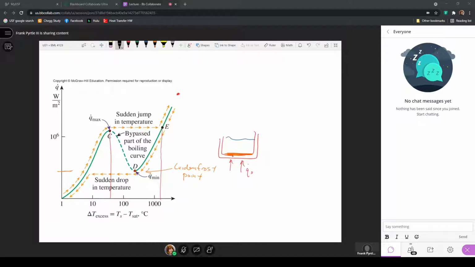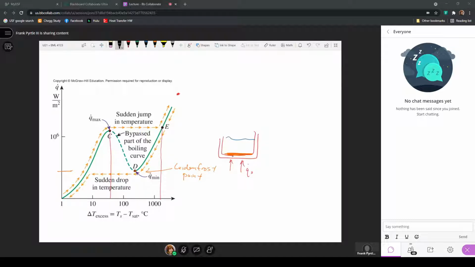But then we have this sudden jump in temperature from point C to point E. And that's because at this point is where this film blanket or vapor blanket would occur, because the nucleation of bubbles on this surface continues to occur all the way until we get to point C, and then those bubbles coalesce into a film.